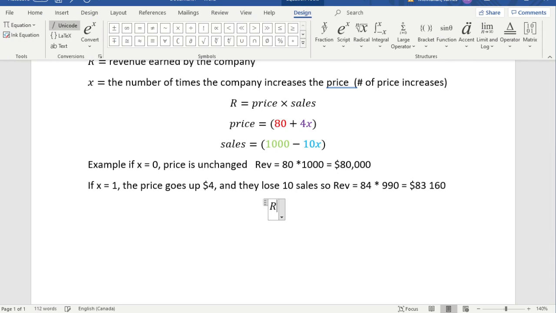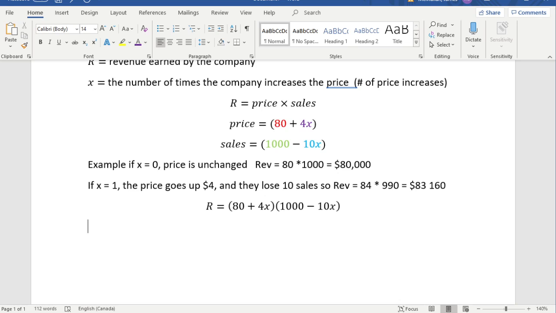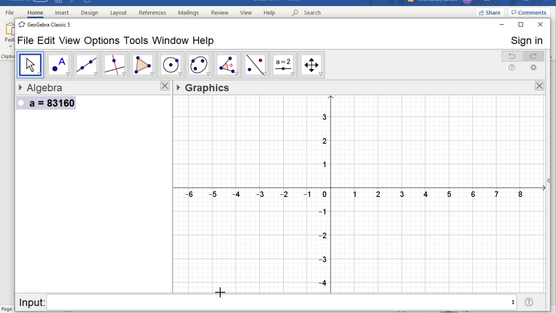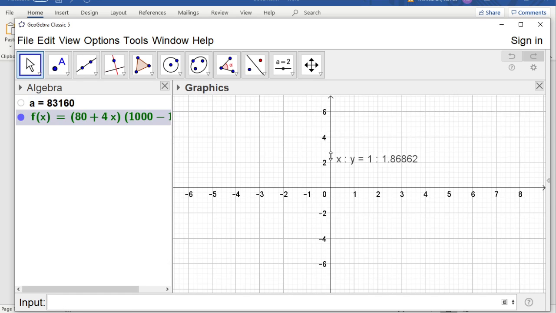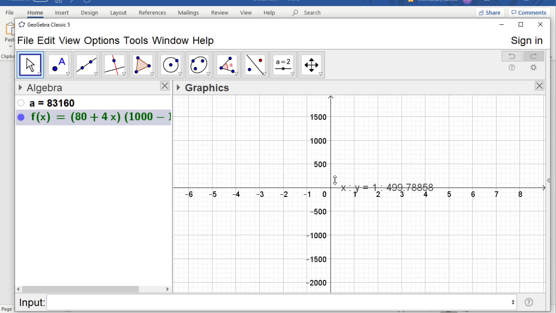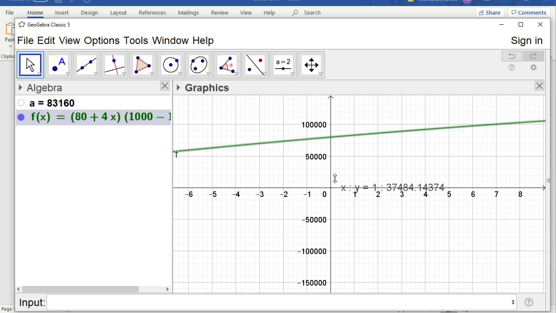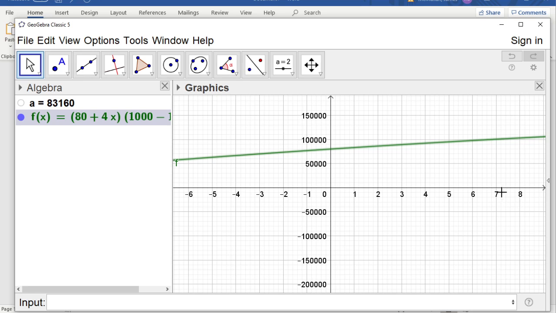Let's look at the revenue equation again. 80 plus 4x and 1,000 minus 10x. So we could graph this, first of all. 80 plus 4x times 1,000 minus 10x, and you're going to get a parabola with very large numbers, like 80,000.